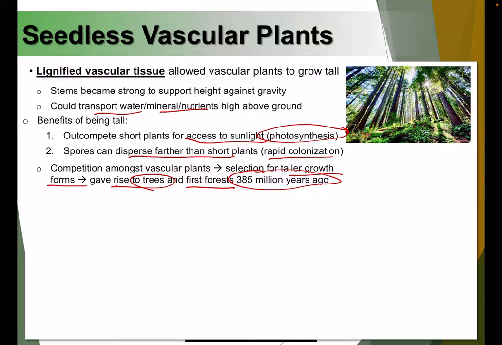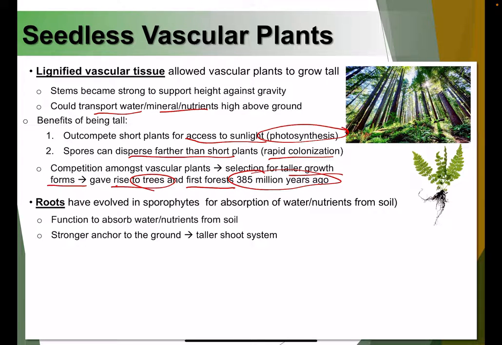So that's how the first forest came into play, through these seedless vascular plants that have these lignified tissue that got taller and taller as selection goes. Remember, it's a variation of different heights, but it selects for the tall trees, and that's how they become a forest.